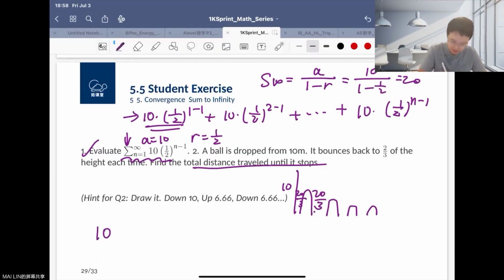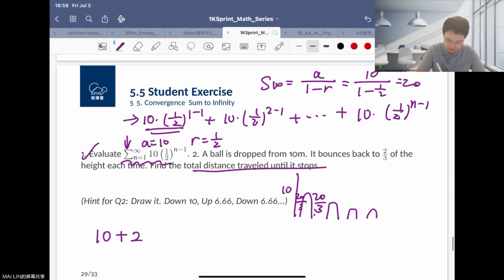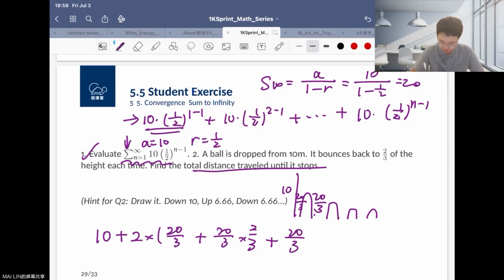So it's 10 plus 2 times 20/3, plus 20/3 times 2/3, times 2, plus 20/3 times (2/3) squared, and so on. It will rebound n times, but we don't know n, so maybe n approaches infinity.